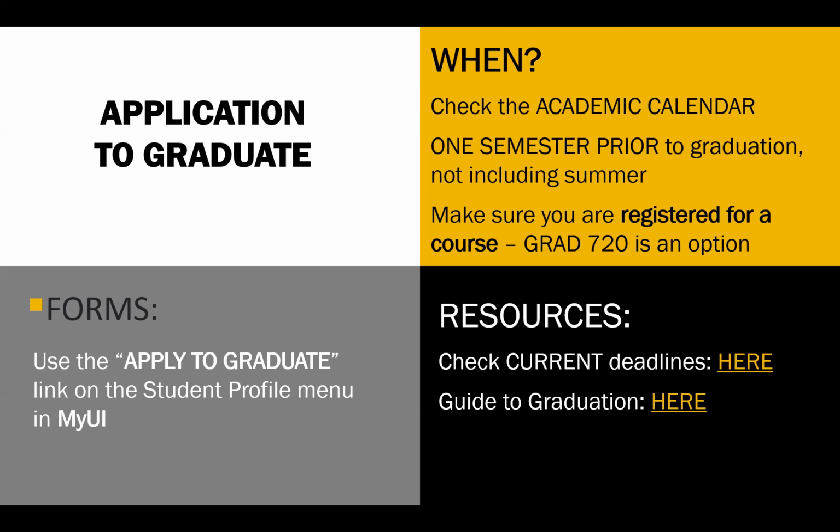Grad 720 is a really amazing opportunity if you're in a specific situation. You need to have all of your coursework completed, and all that is left is to defend or submit your thesis or dissertation. Grad 720 is usually for thesis or dissertation students.